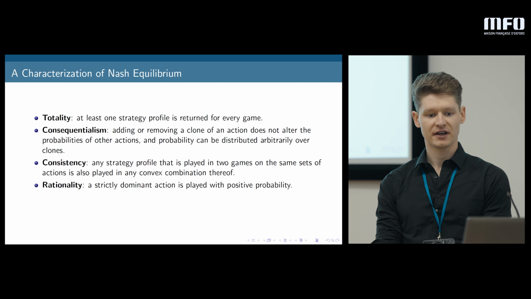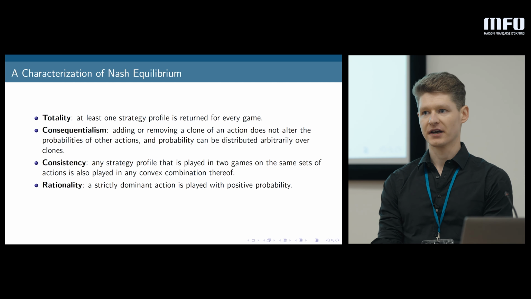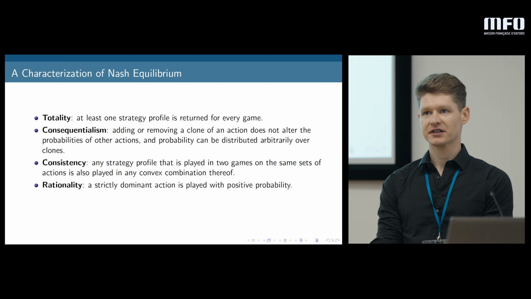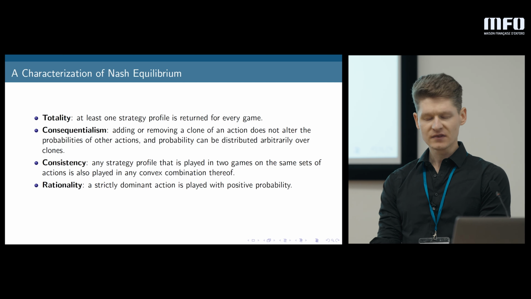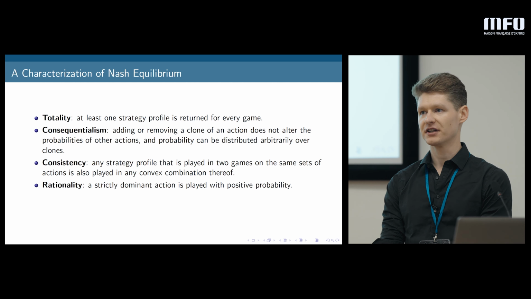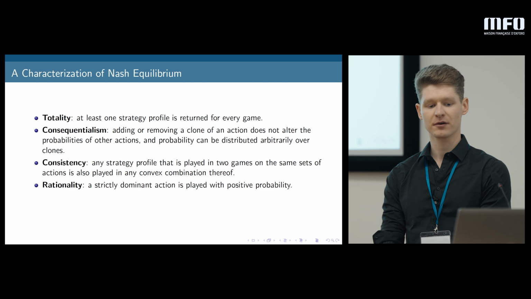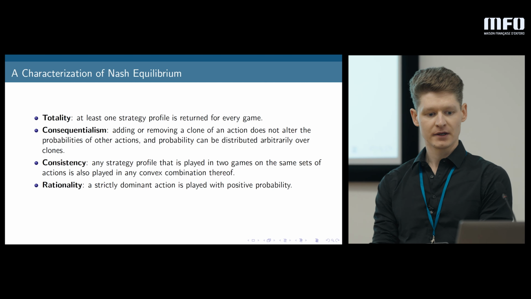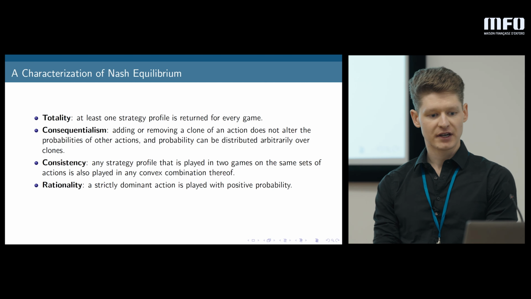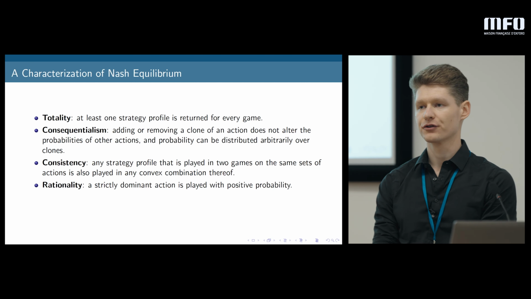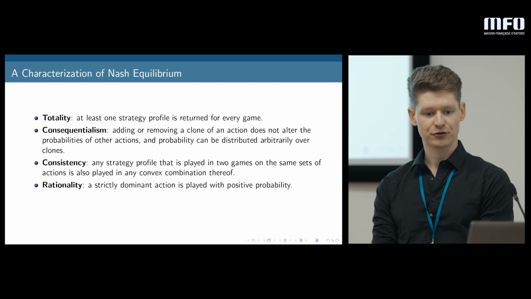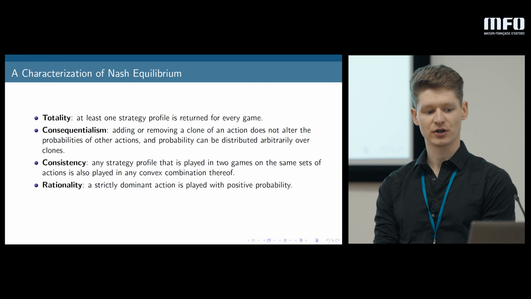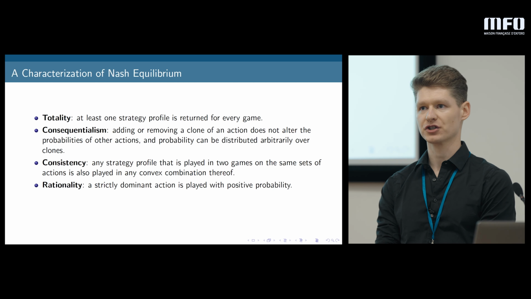And then the axiom says, if we take any game and we add a clone of an action to that game, then this does not alter the probabilities on the non-clones, and it also does not alter the strategies of the other players. And we can also do the reverse, so we can also remove clones, and then again, the strategies of the other players should not change and the probabilities on the non-clones should not change.